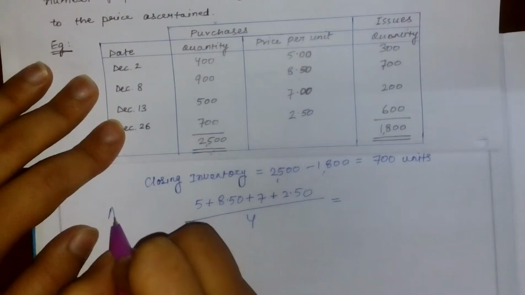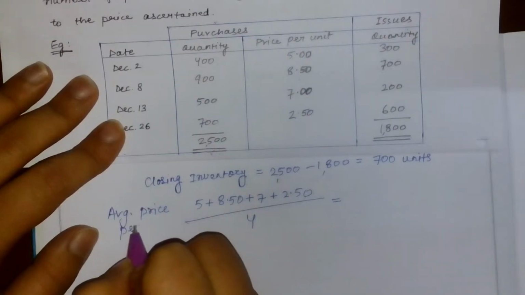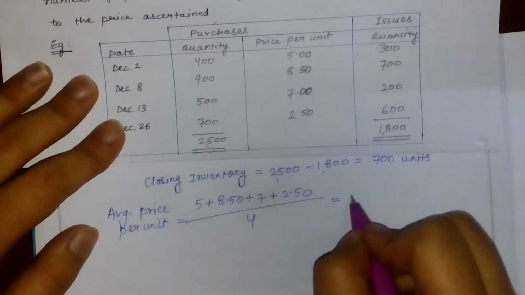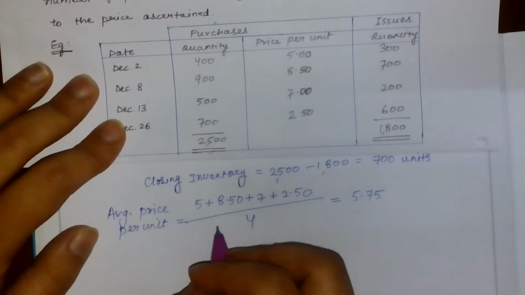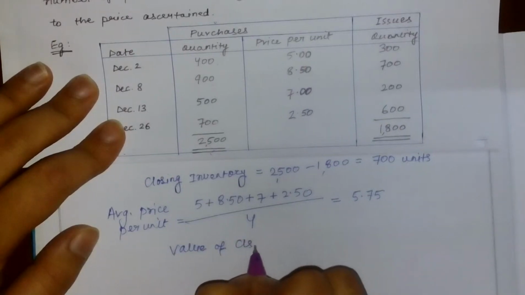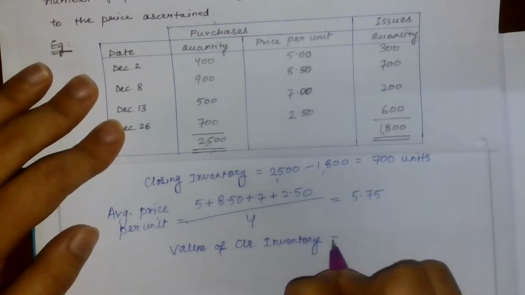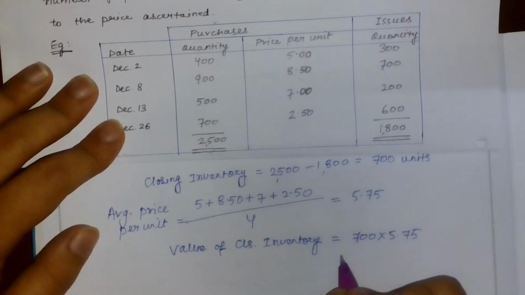So this is my average price per unit, and this is equal to 5.75. So value of closing inventory is equal to 700 into 5.75, which is equal to rupees 4025.